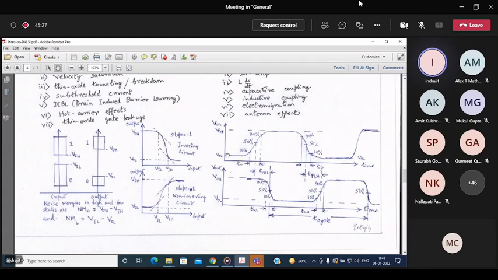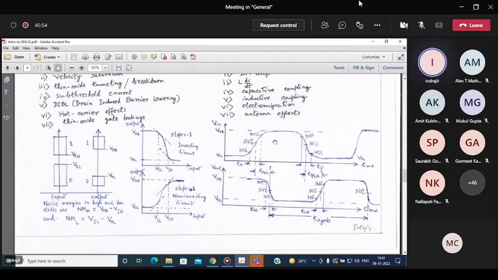For example, suppose VOL equals 0 volt and VOH equals 5 volt. Suppose VOL is coincident with the time axis. Then the 10% point will be how much? 0.5, right?